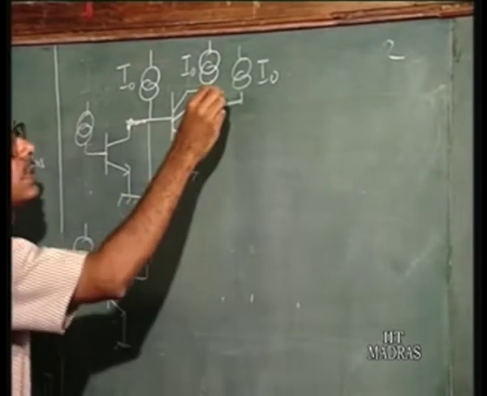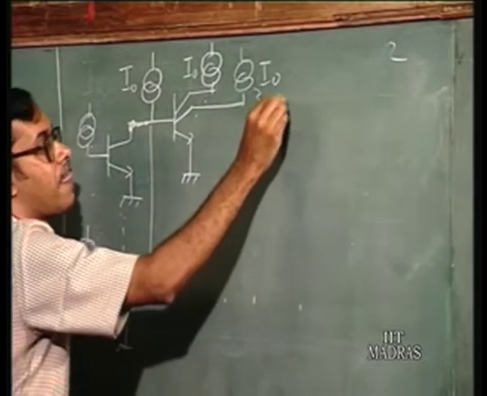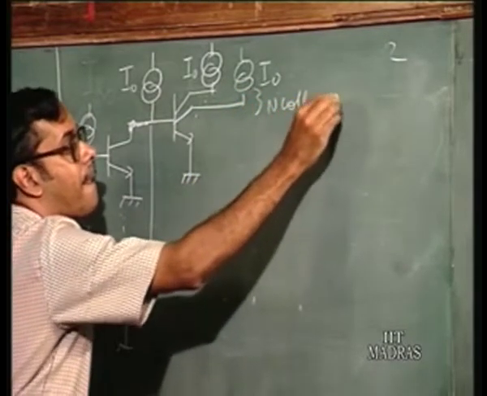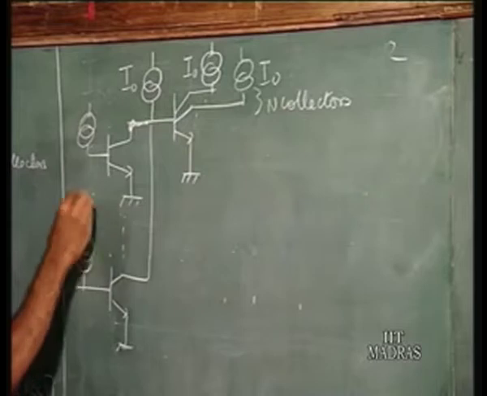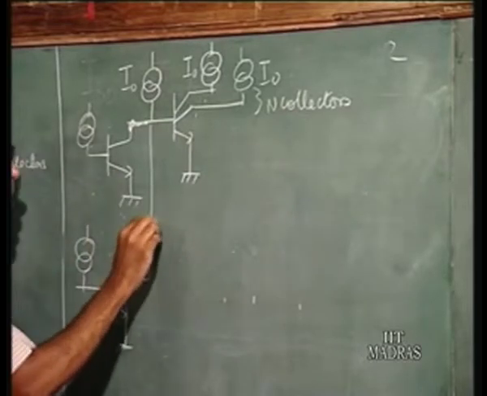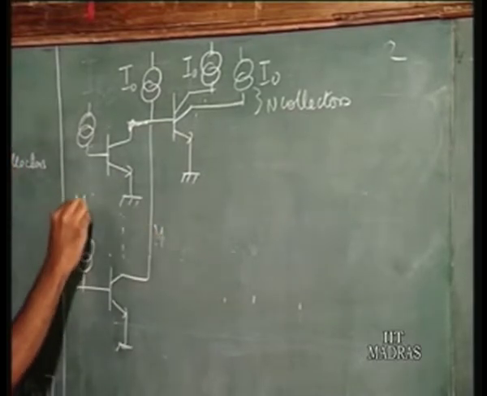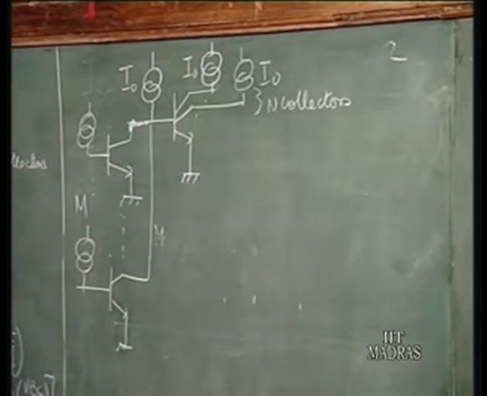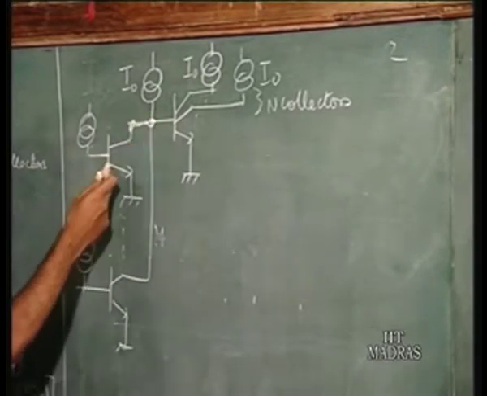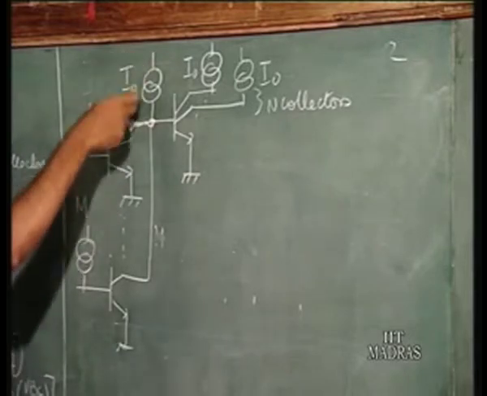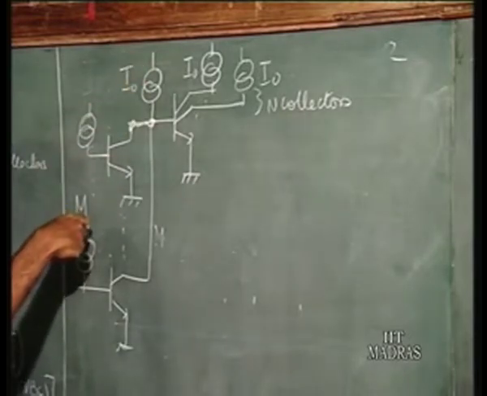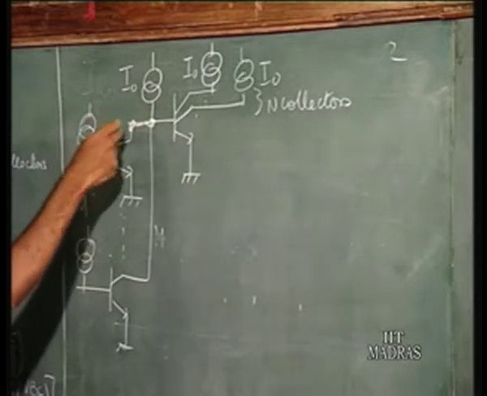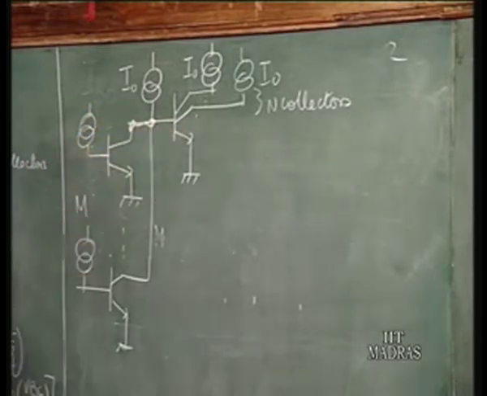There are n collectors here, and let there be m transistors at the base. Now, when any of these transistors goes to saturation, this current source is going to go this way: the current flows into the collector and this transistor turns off.